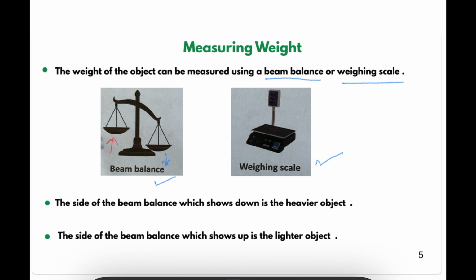In case of a weighing scale, if you want to know the weight of an object, you have to keep that object over here. The weight of that object will be displayed here. So you can easily know the weight of an object by using a beam balance and weighing scale.